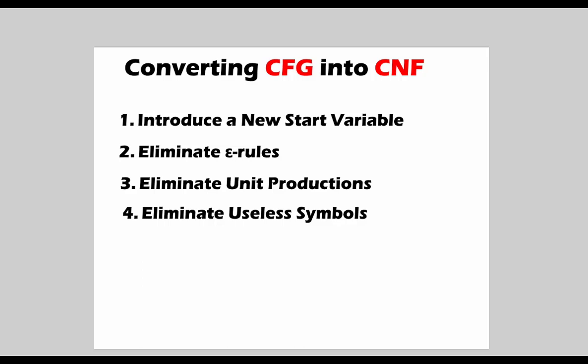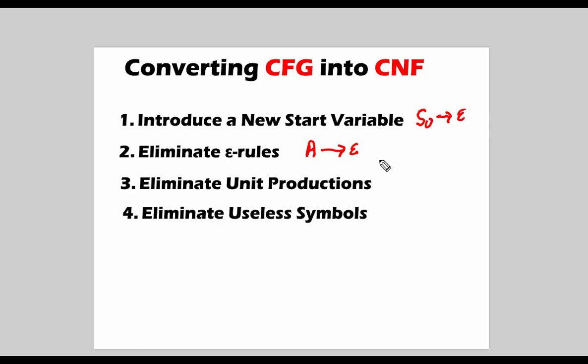In this video, I'm going to go through the steps of converting CFG into CNF. And these are the steps. We will introduce a starting variable. We will also eliminate rules where variables other than the starting variable produce an empty string; the starting variable can produce an empty string, but otherwise this will not be allowed, so I'll show you how to eliminate this rule.